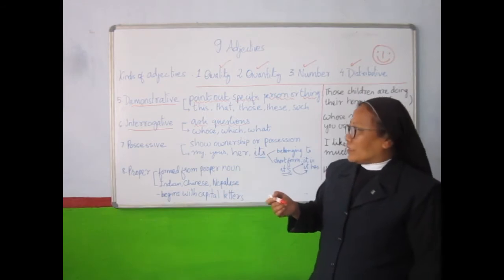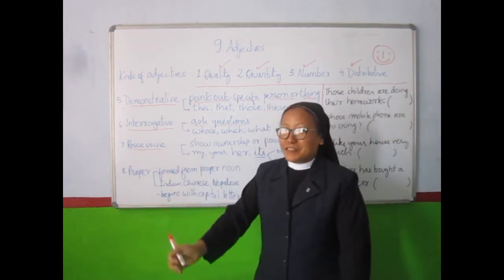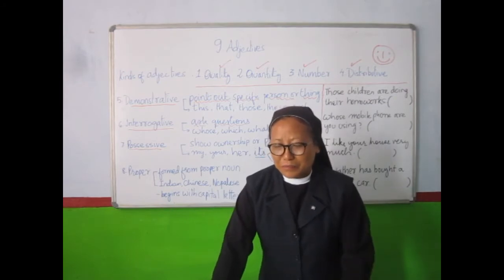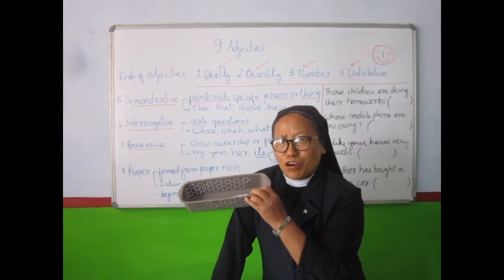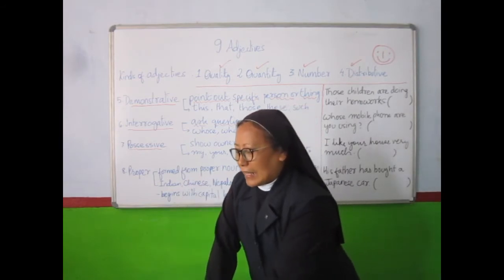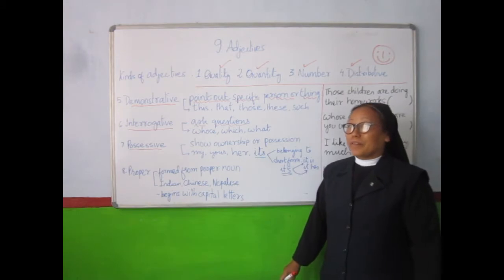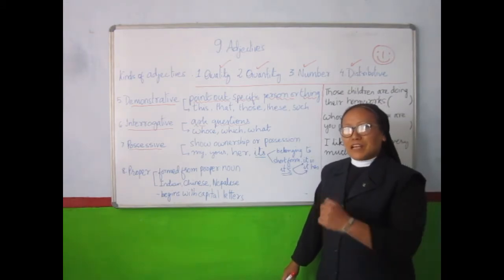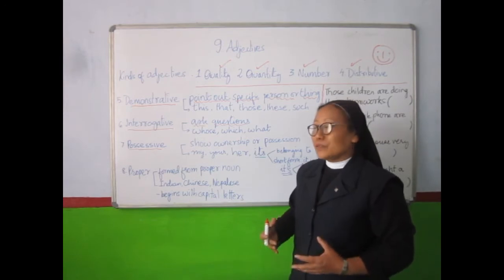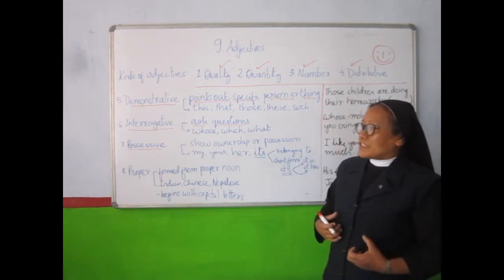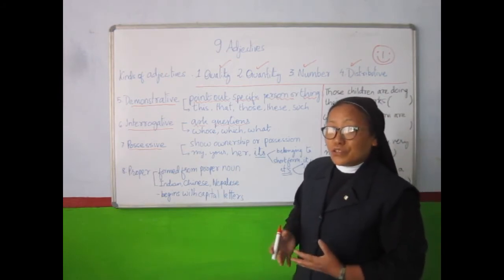Now let's look at possessive adjectives. Possessive means something belonging to someone. This box belongs to me, I recently bought it. This room belongs to class 5B, sometimes I do in class 5A. You are in your house, the house belongs to you.